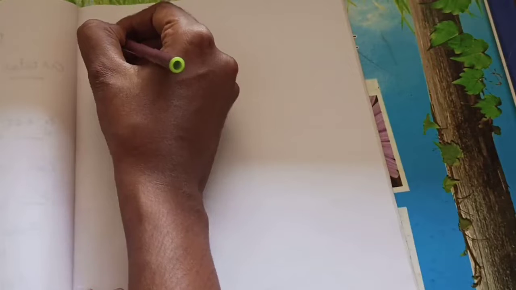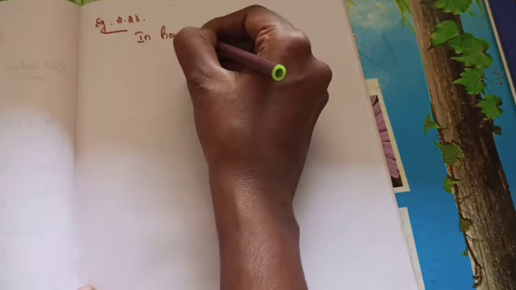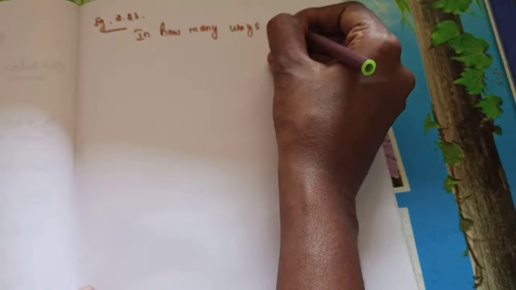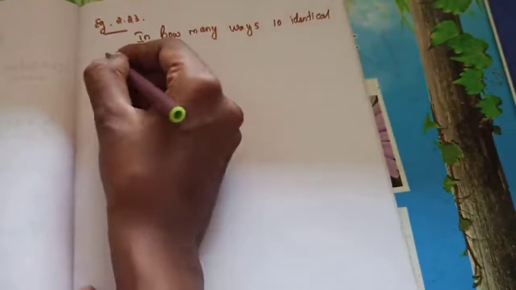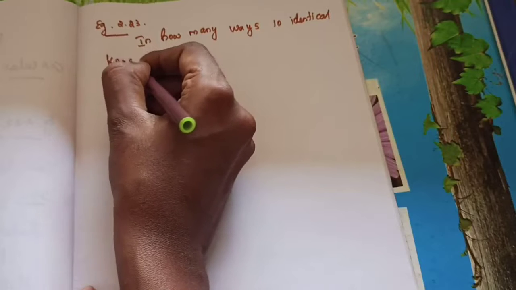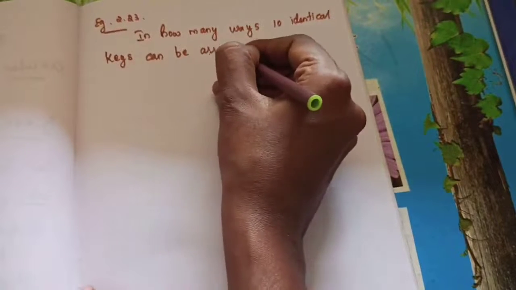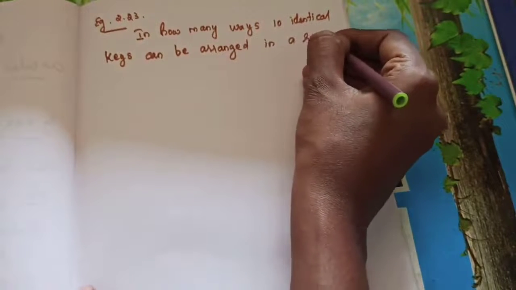Let's move to the next problem. Example 2.23. In how many ways can 10 identical keys be arranged in a ring?